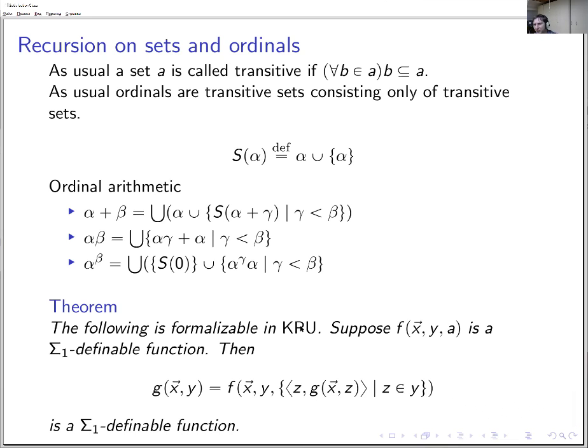But ordinals are not allowed to have members that are urelements, and as usual, an ordinal is a transitive set such that all its elements are also transitive sets.